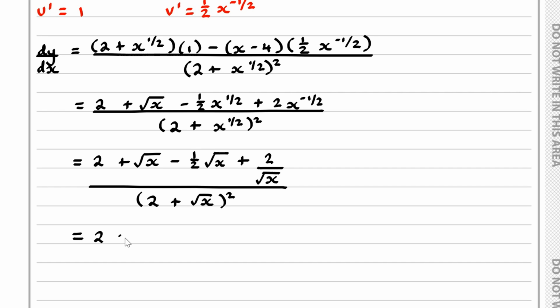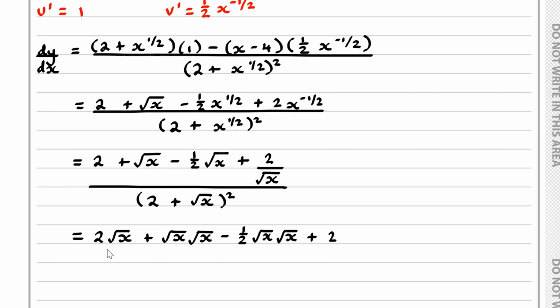So we've got 2 times square root x plus square root x times square root x, minus 1/2 times square root x times (square root x plus 2).